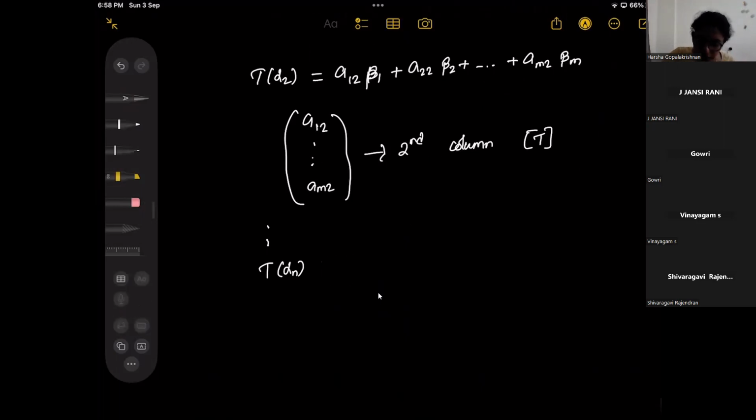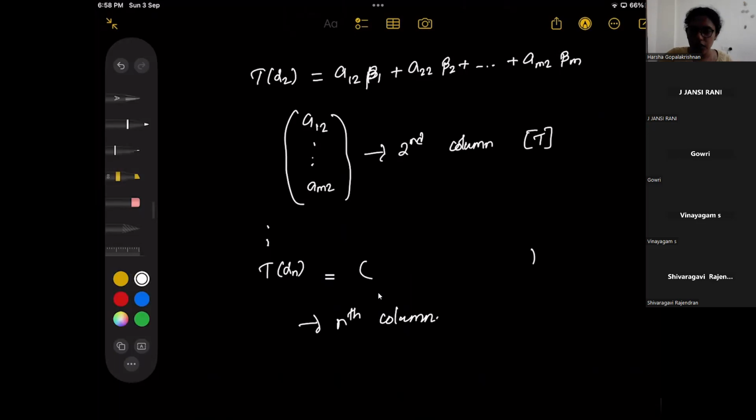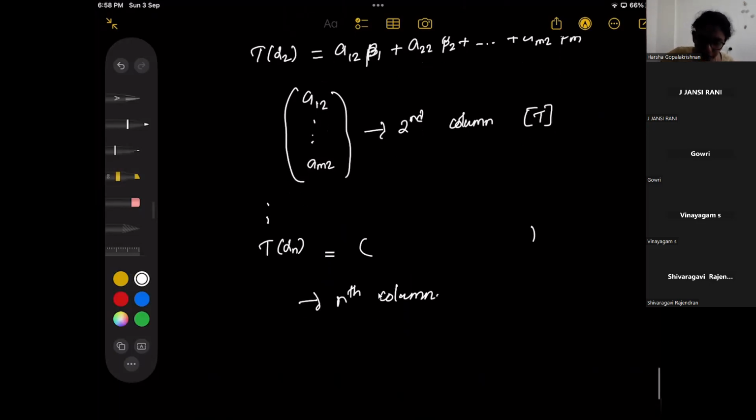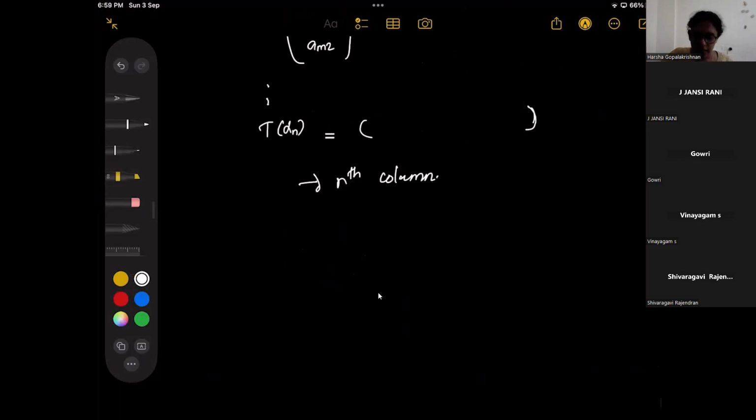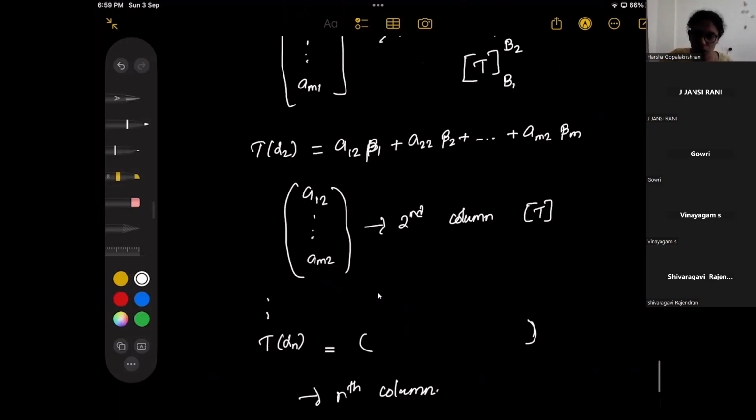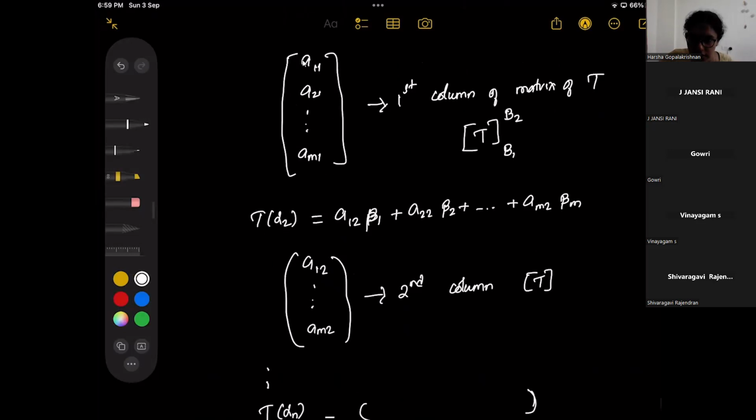Like this, we will proceed, and for T alpha n, whatever coefficients we get, we will write them as the nth column. You can just work it out. So these are all the rows, this is the first column, this is the second column.